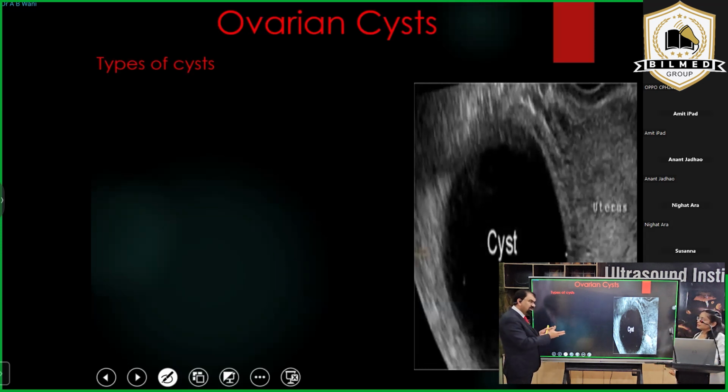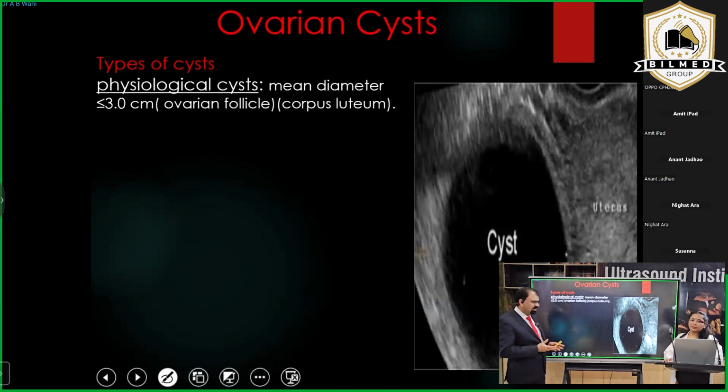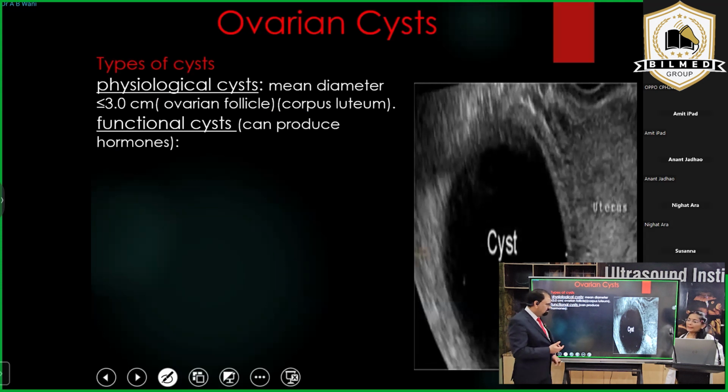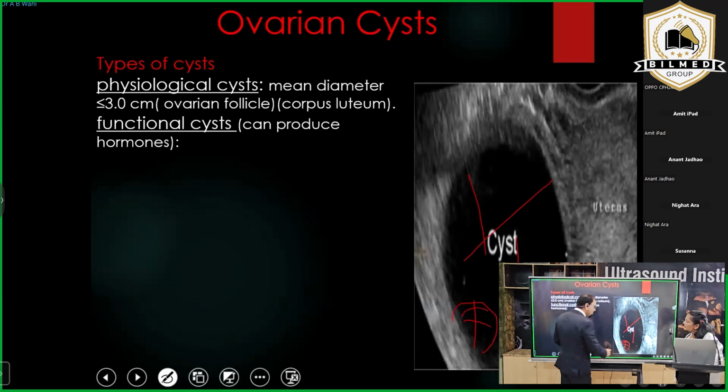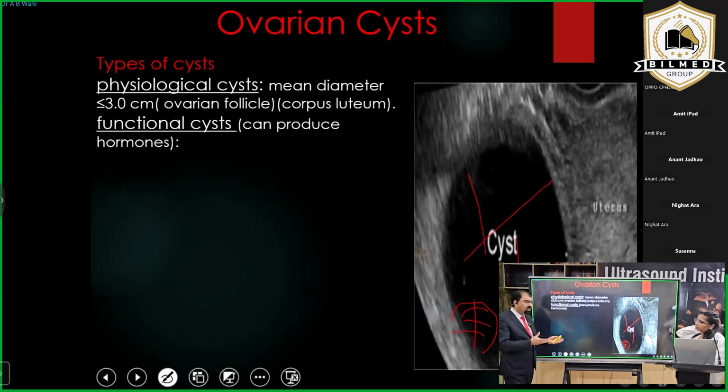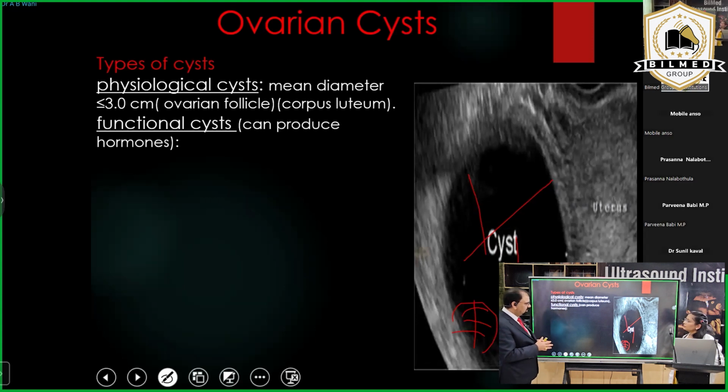So size matters here. If there are some internal lobulations, septations, or a solid mass, that is not in favor of a simple cyst. So a simple cyst has to be anechoic, jet black, with posterior enhancement, and the size. These are the criteria to label any cyst as a simple cyst anywhere in the body.